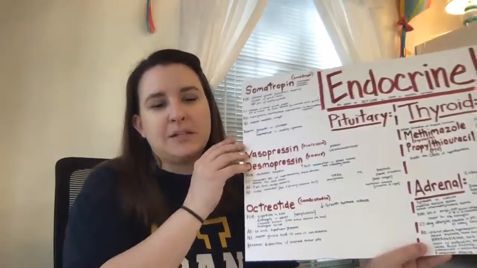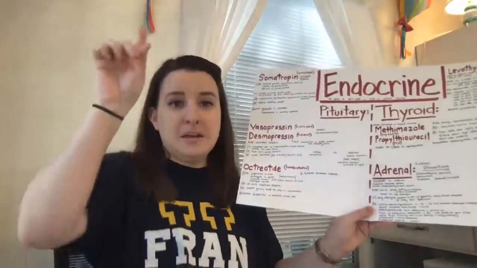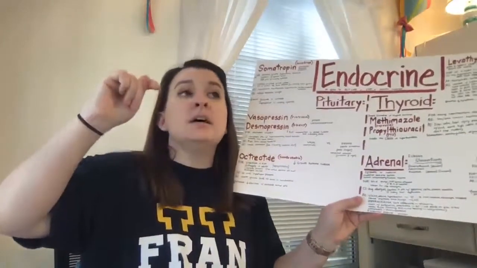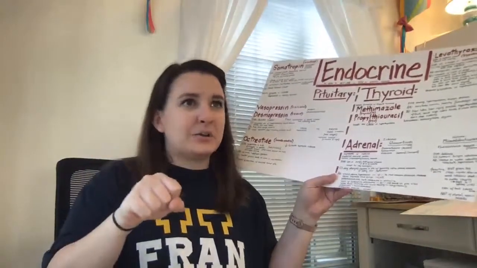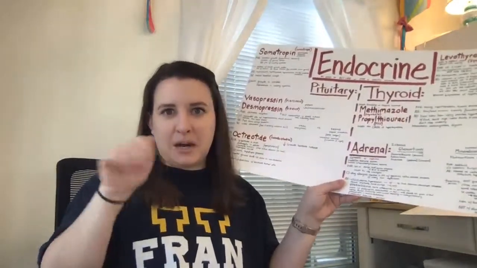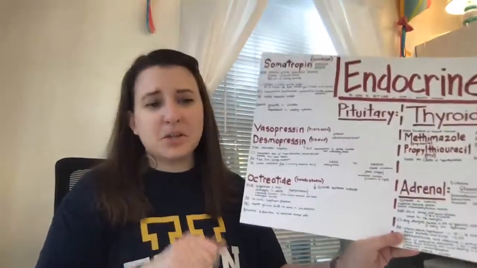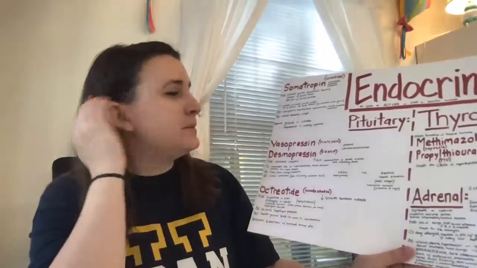But we're just going to talk about different drugs that can act like a brake or accelerate a certain gland or area of the body. So we're going to start with the pituitary gland.